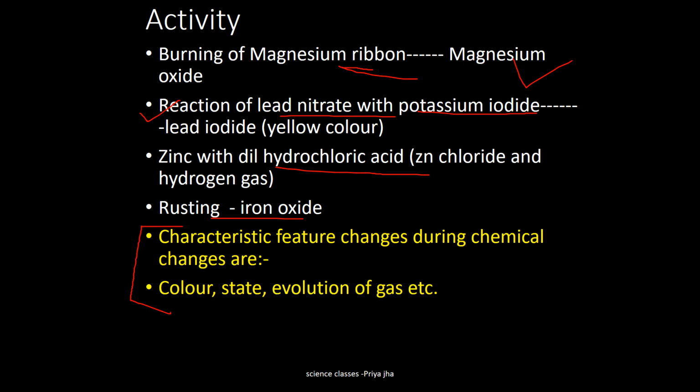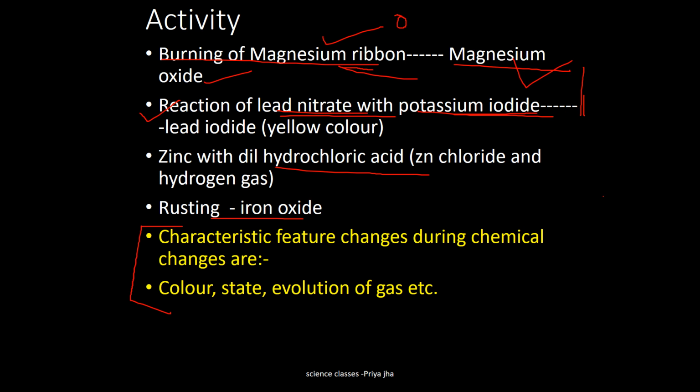So for the activities: in the burning of magnesium, when the magnesium ribbon is burned in the presence of oxygen, it forms magnesium oxide. When lead nitrate reacts with potassium iodide, you have to go through all the chemical reactions also.